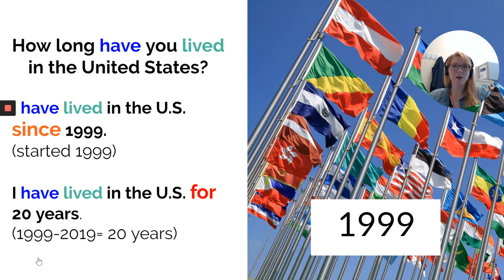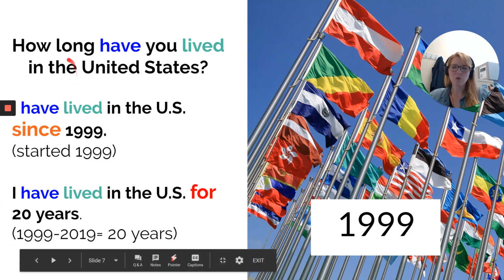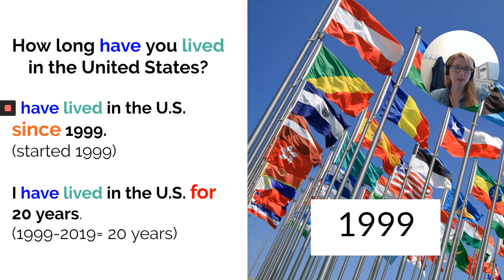That is, of course, in the past. No more. So with the question, how long have you lived in the United States? We can answer, oh, I have lived in the United States since 1999.